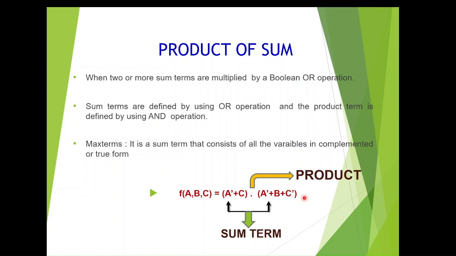Again, in A dash plus B plus C dash, all three variables are present. If we have all the three variables in a sum term, we call it a max term. And as we see, a max term is the complement of a min term.